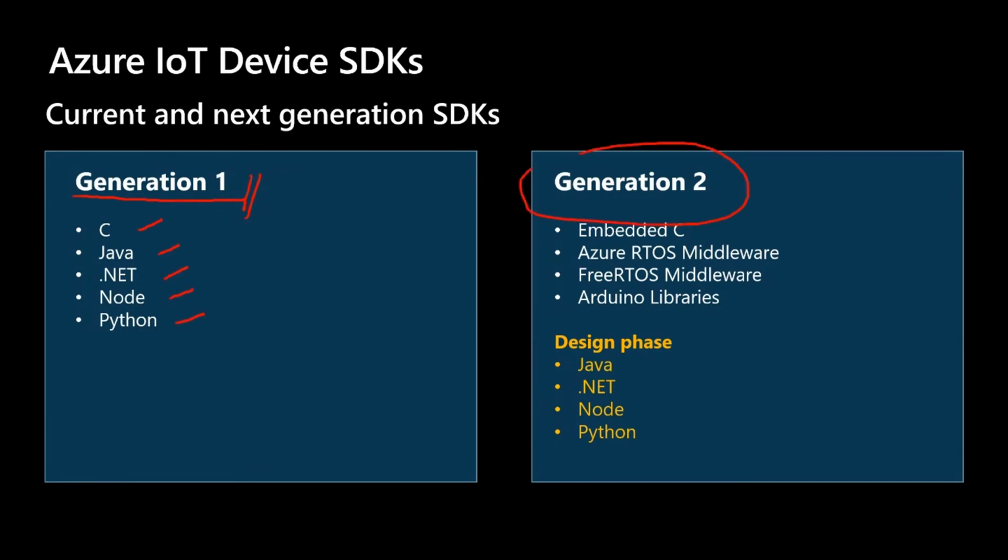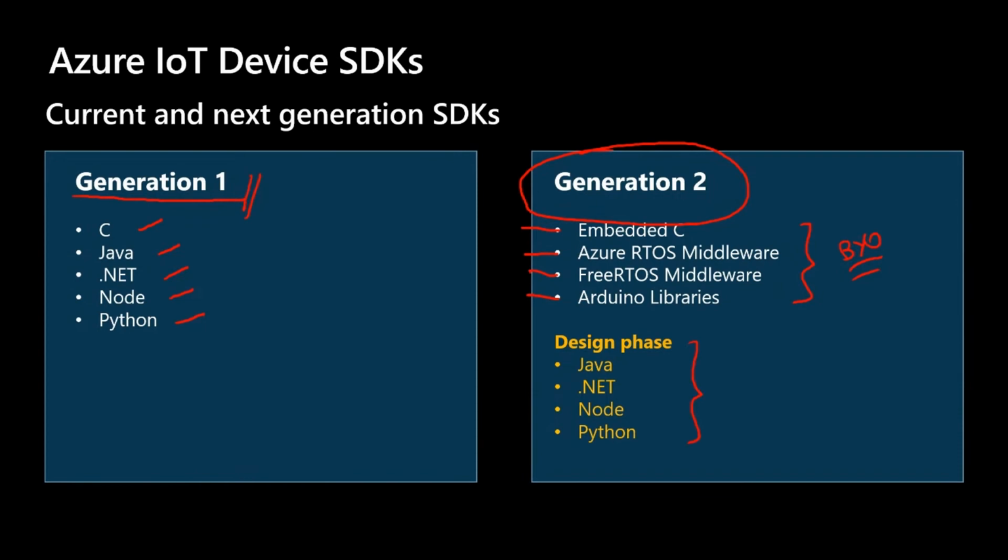And when we look at what is next generation or generation 2 of the SDKs, actually, we already have a set of SDKs that are in this generation 2 already. So we have the embedded CSDK, the Azure RTOS middleware, we have the FreeRTOS middleware, and the Arduino libraries. All of them already have these benefits that I was talking about, specifically about the bring your own network stack.